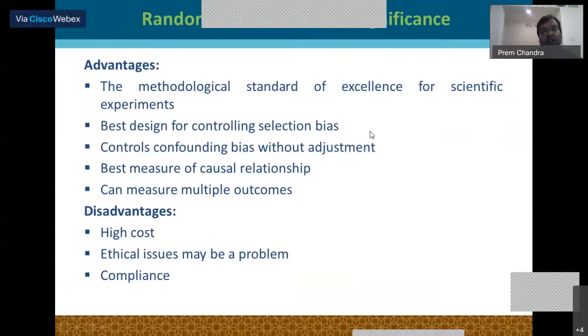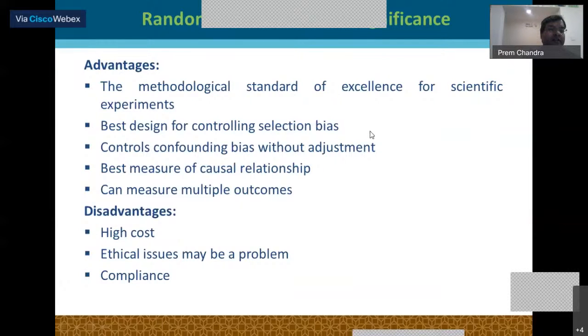I'm sure the presenters on qualitative or observational studies might have discussed the concepts of confounding and bias, so I'm not going to discuss them in detail, but I'm sure you all know what they mean. So keep in mind that this study design takes care of these two components very effectively.